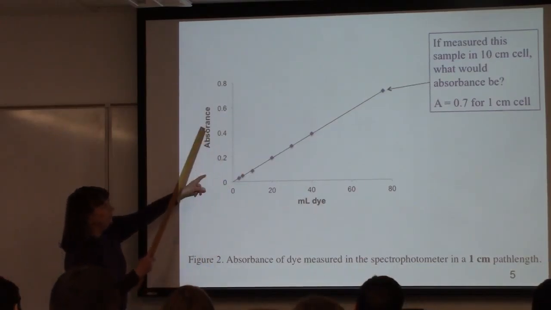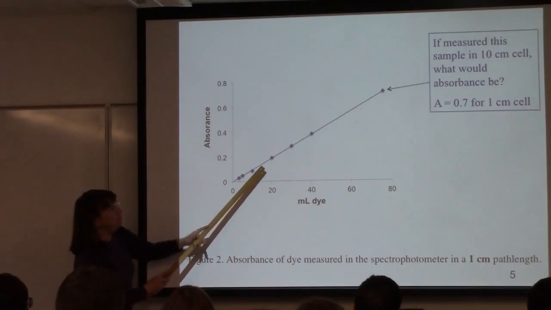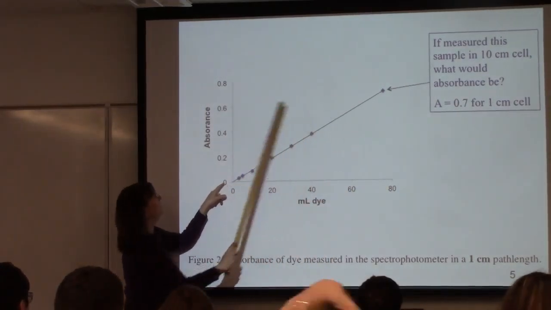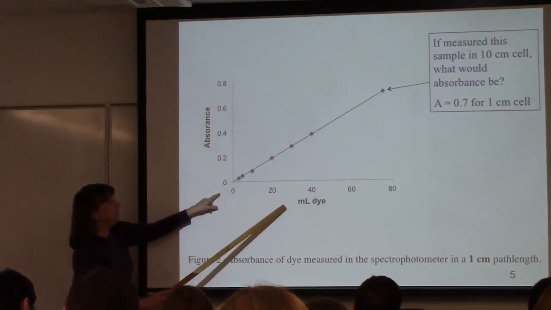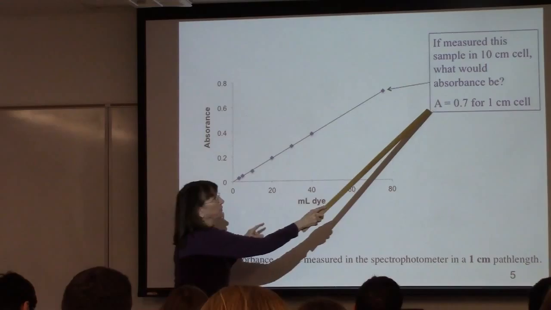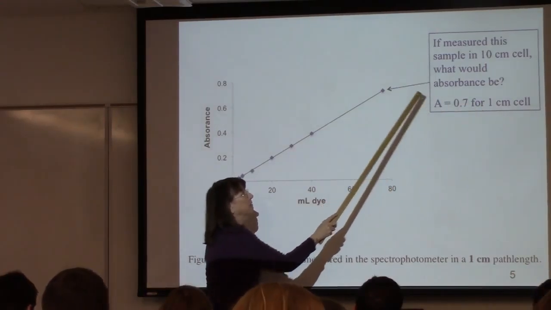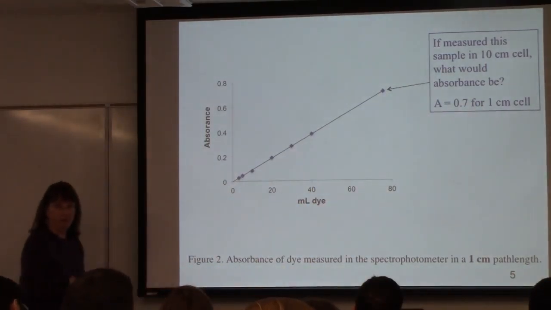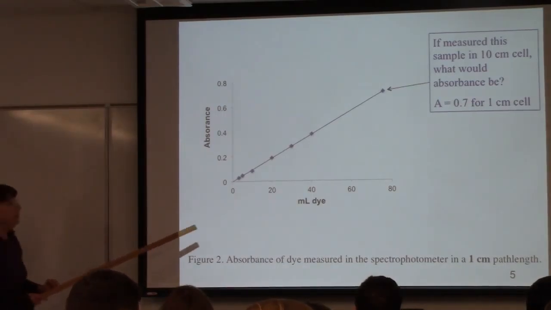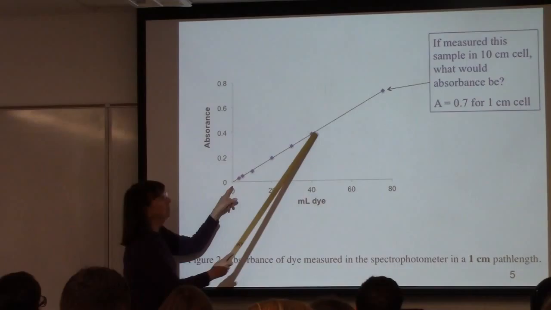Here's a practical question. If this is a 1 centimeter cell, here's a nice linear absorbance versus dye. If you have a reading out here that measures 0.7 in a 1 centimeter cell, what are you going to get if you measure that same solution in a 10 centimeter cell?